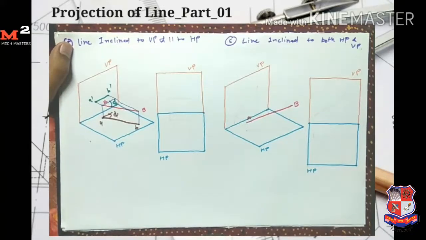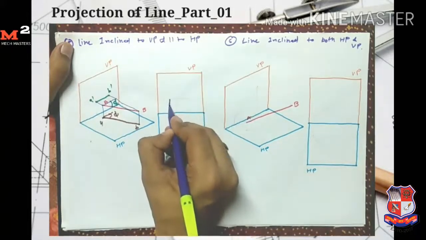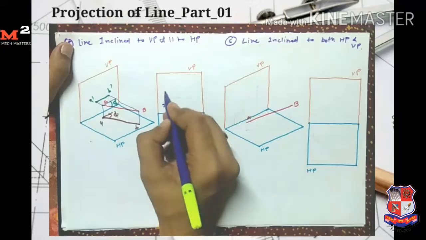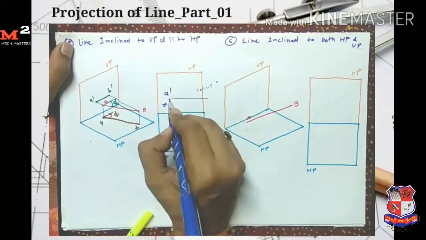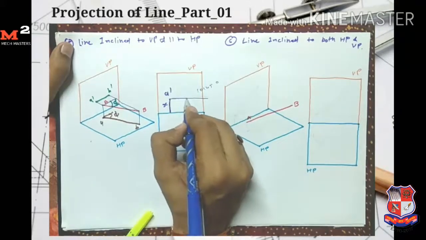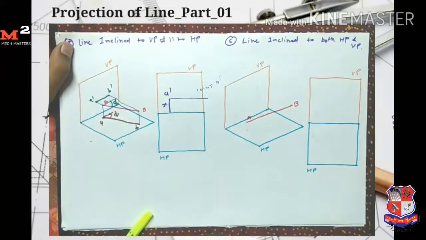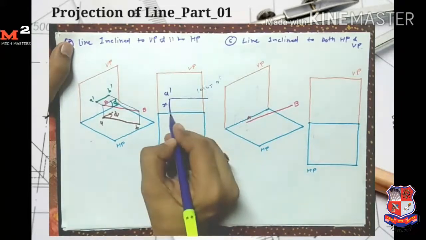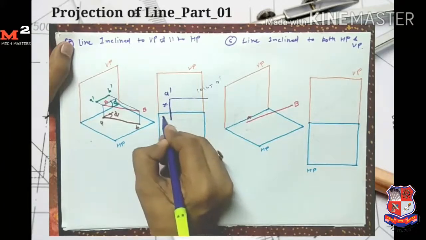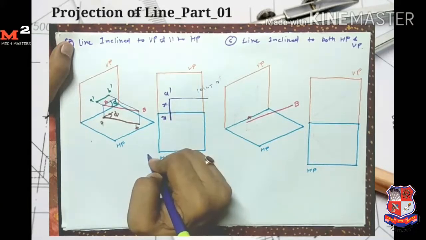Now for drawing its orthographic projection, from here I take the distance x mm above and mark the point A dash. From point A dash I draw the locus. This is the locus of point A dash. Now from the reference line I measure the distance y mm because the line is y mm in front of VP.